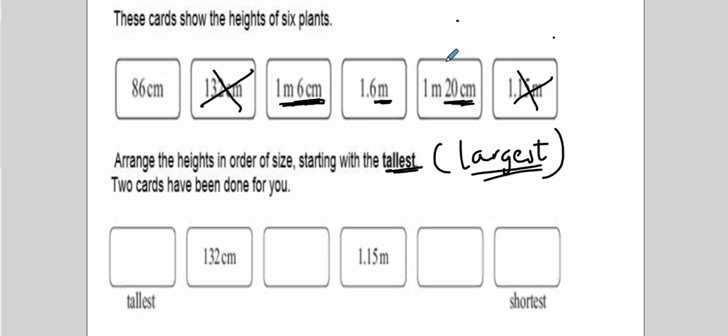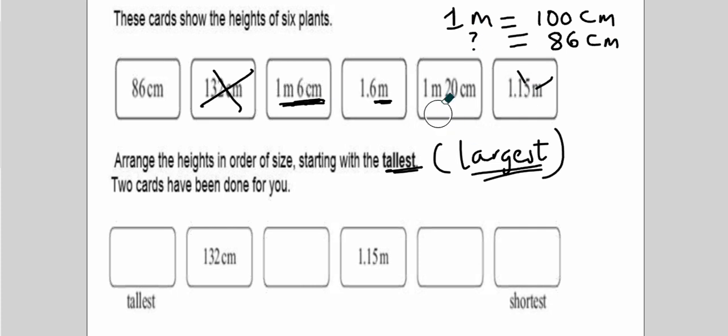How do we do that? We go to King Henry Delta, that 1 meter equals 100 centimeters. Now, how about 86 centimeters, it will be equal to how much?